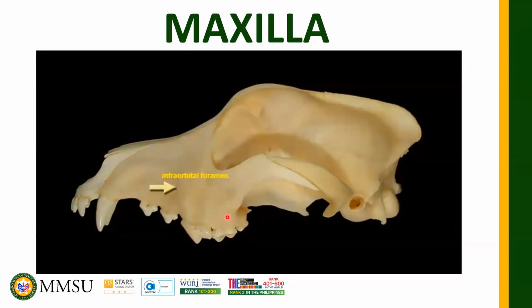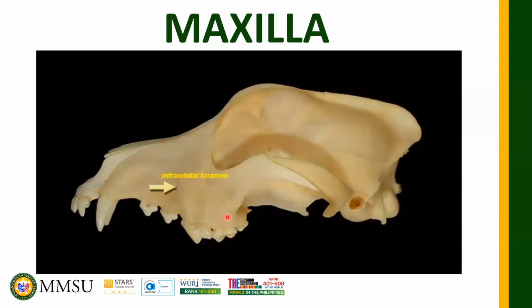Okay? Specifically, it allows the infraorbital nerve and associated blood vessels to exit the maxilla and supply sensation to various areas of the face. Okay? The infraorbital nerve is responsible for the provision of sensory innervation to the face.